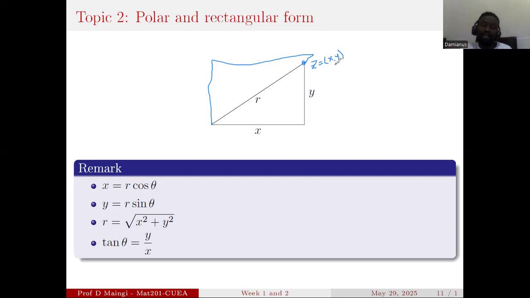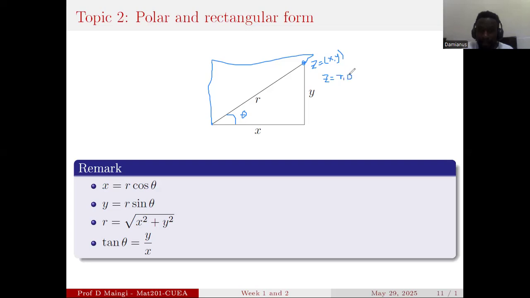Or we can describe this in terms of this length, r, a ray of some length r, and then measuring from the horizontal axis, the x-axis, an angle theta, all right? So z can also be said to be, in geometric form, r comma theta.